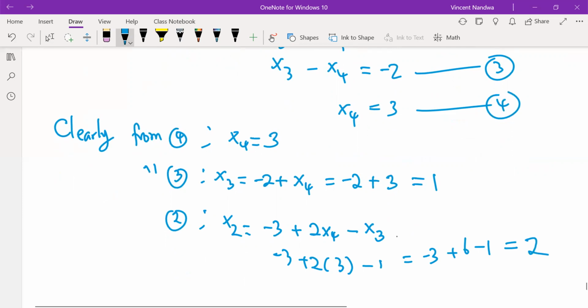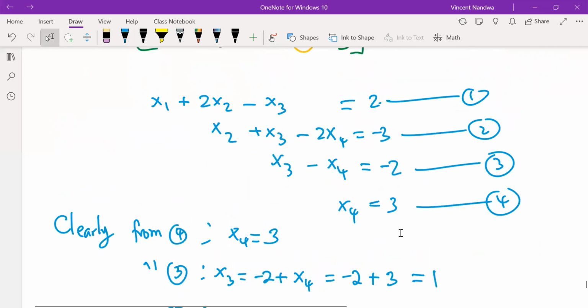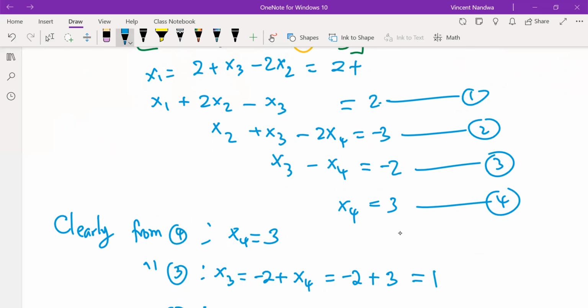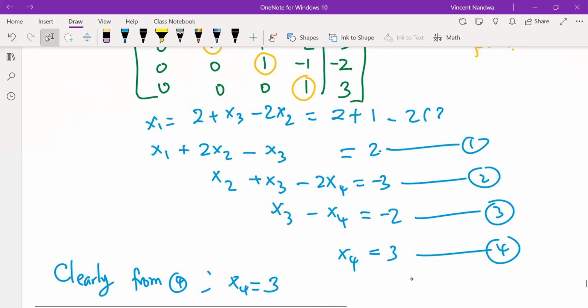And we can get now the x1. From here, we have x1 equals 2 plus x3 minus 2x2, which will be 2 plus x3, from our computation is 1, minus 2 times x2, from our computation is 2. So which will be 2 plus 1 minus 4, which will be minus 1.